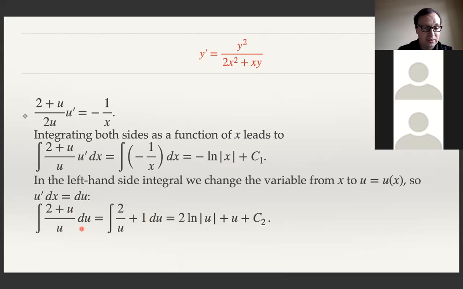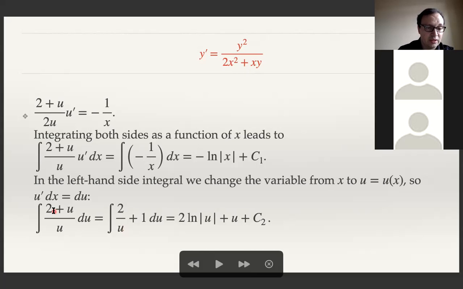Well, this is equal to the integral of 2 over u plus 1, because (2 plus u) over u is equal to 2 over u plus u over u, and u over u is 1.